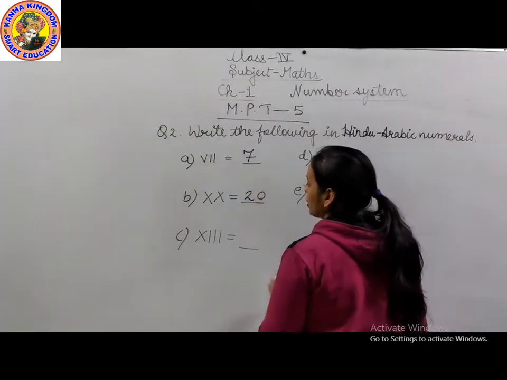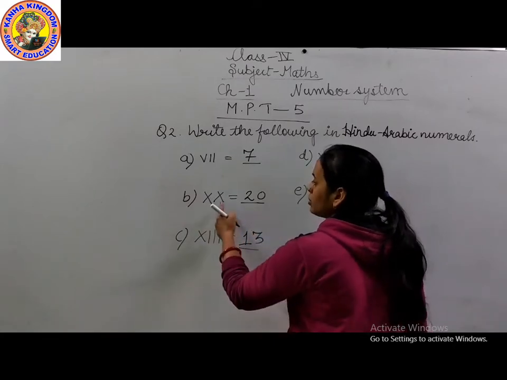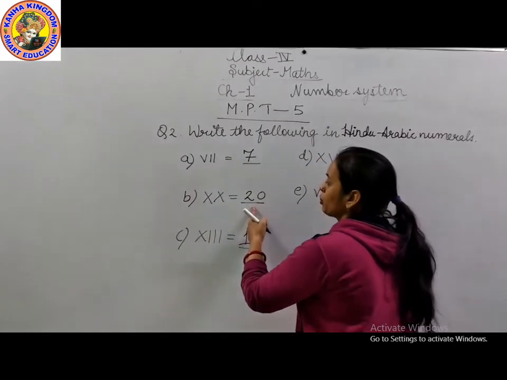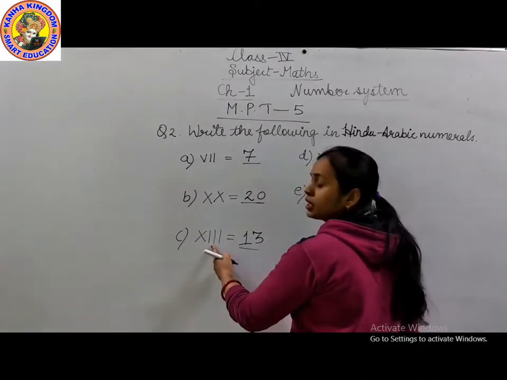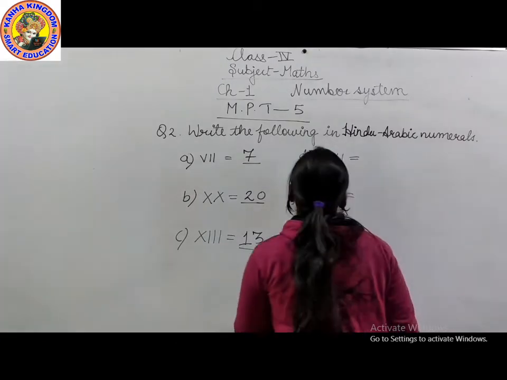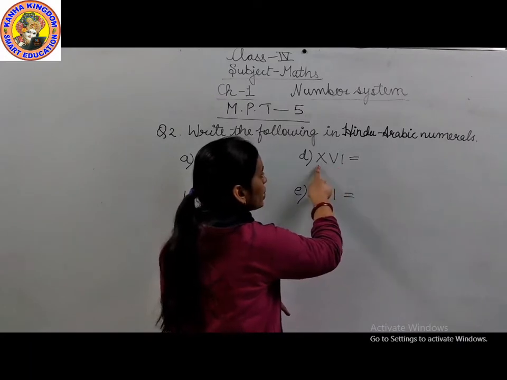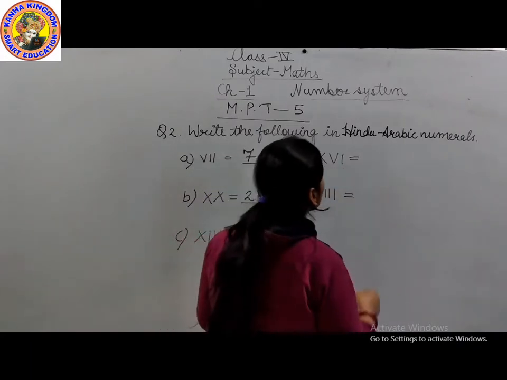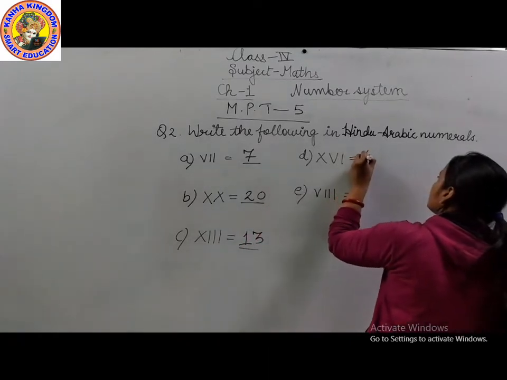X triple I means 30. 10 plus 10, 20. X plus 3 means 10 plus 3, 13. Now X plus 6. X plus 6 means 10 plus 6, 16.